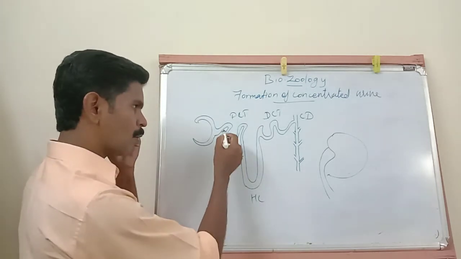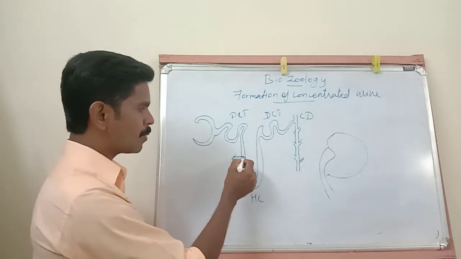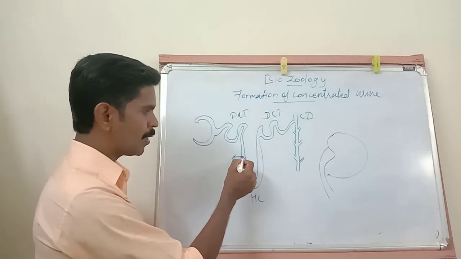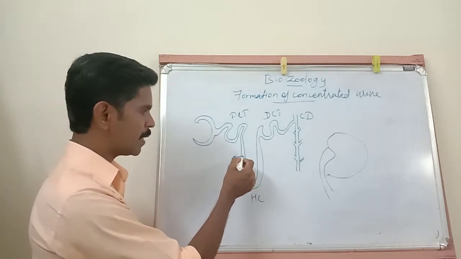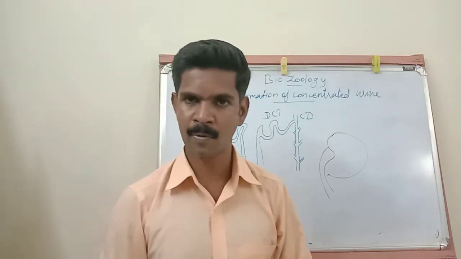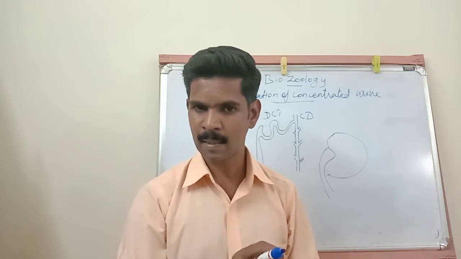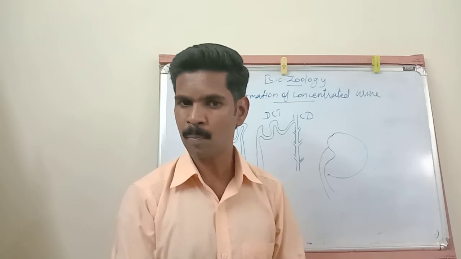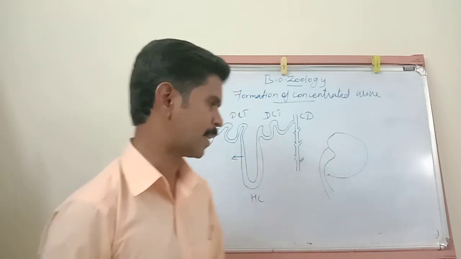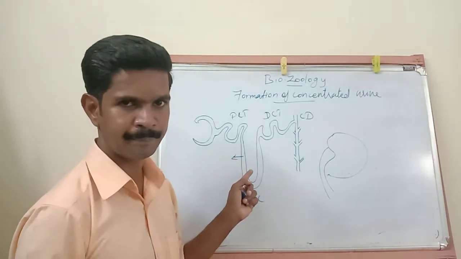So when the glomerular filtrate passes through the descending limb, the water molecules move from the lumen, the center, to the interstitial tissue space. So the osmolarity of the glomerular filtrate now decreases.